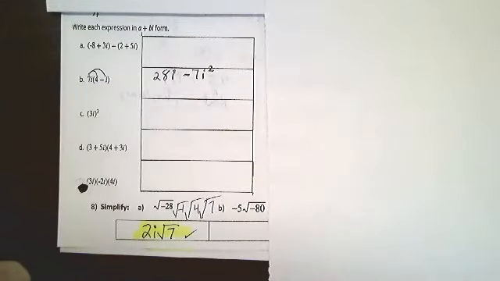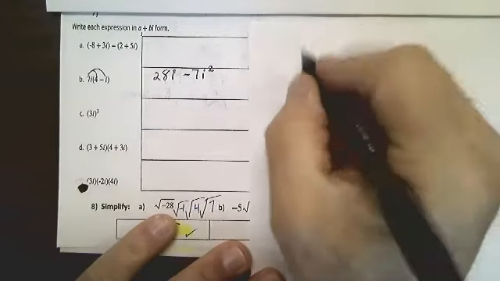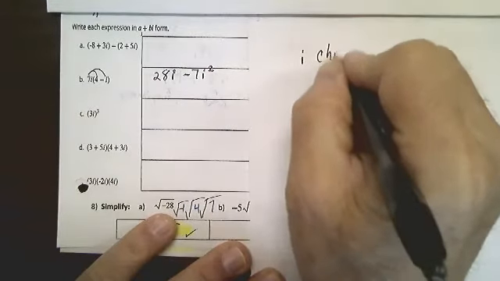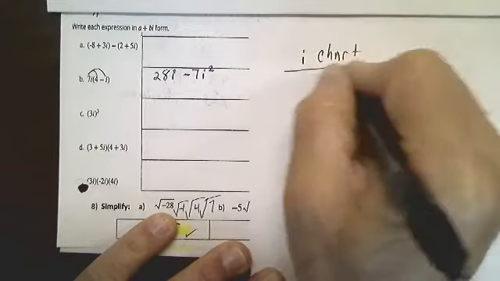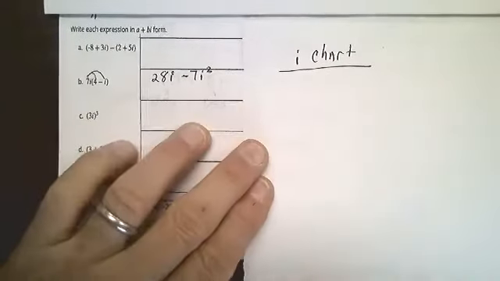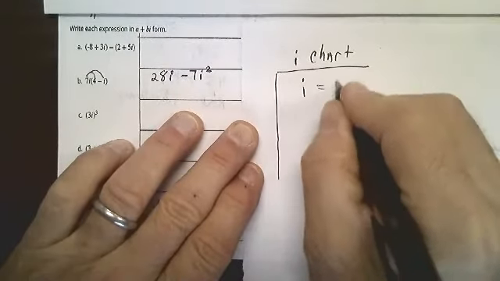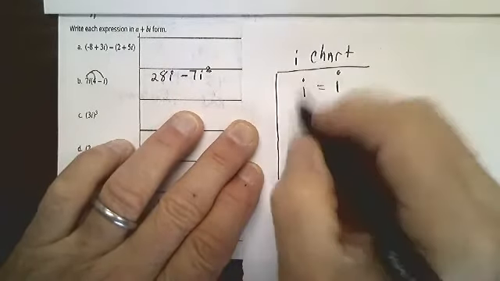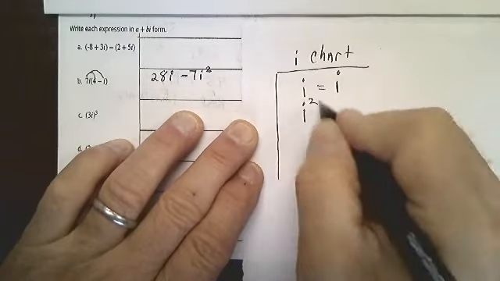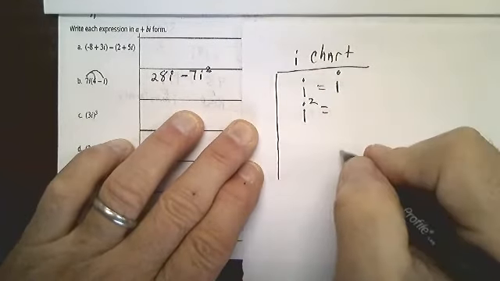And on the back side of this paper, you should have what's called an i chart. I don't want to have to flip it right now, but someplace you should have an i chart. And this i chart starts with i to the first power is just simply i. But then as each time we go up another power, it represents something different.